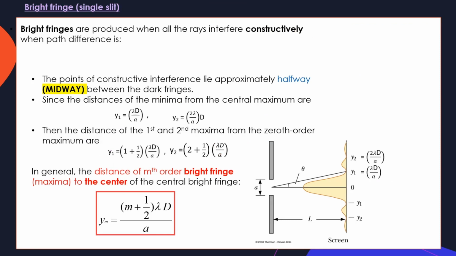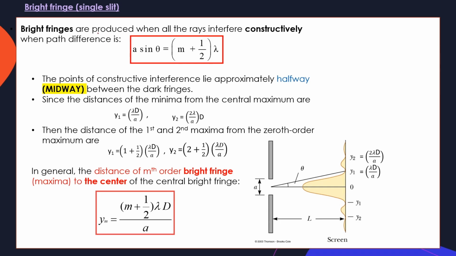Okay, now we are going to discuss the bright fringes in the single slit experiment. Bright fringes are produced when all the rays interfere constructively. Previously we discussed the dark fringes, which are produced when all the rays interfere destructively.